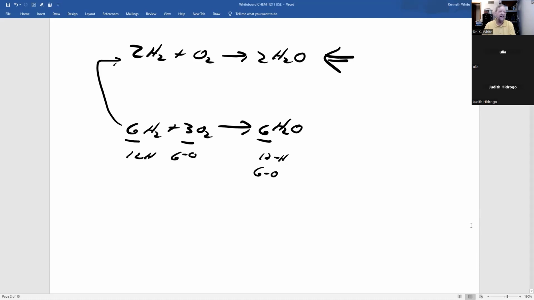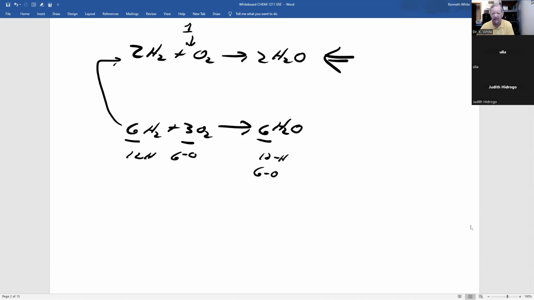Well, if I divide 2 by 2, that's 1, but the coefficient here is the number 1, and if I divide that by 2, that's 1/2. You can't have a coefficient that has fractions or decimals. Coefficients are whole numbers.